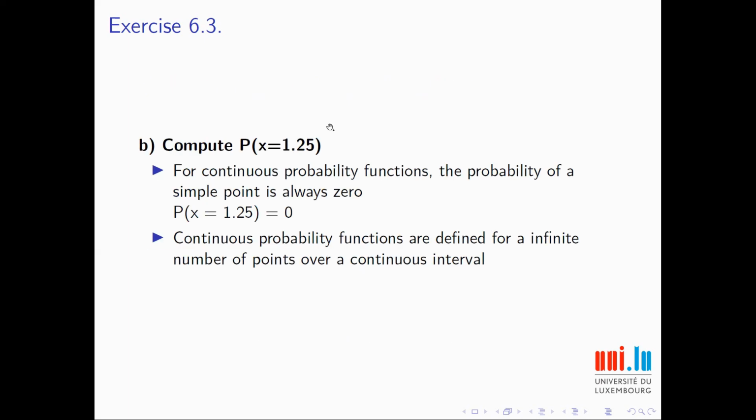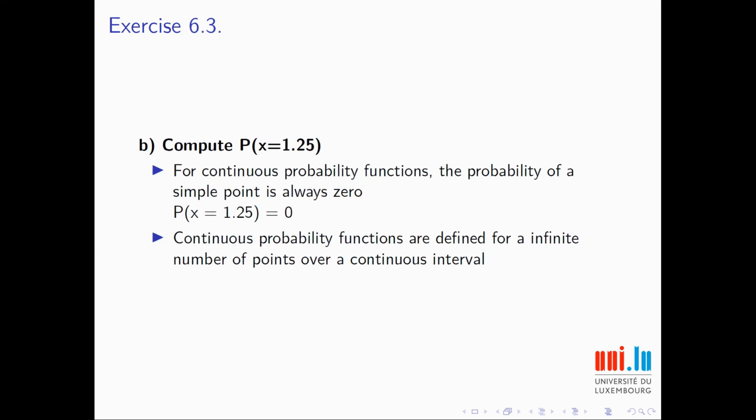For point B, we have to calculate the probability that the random variable takes any particular number. As you remember, I quote from the lecture: a continuous random variable, by definition, has an infinite number of values in its support.